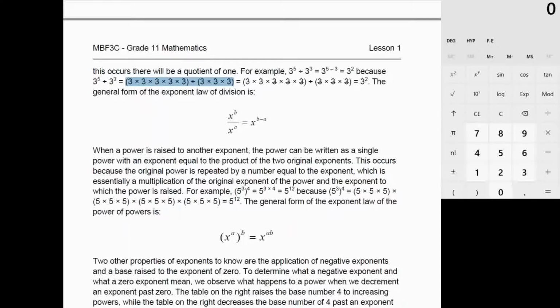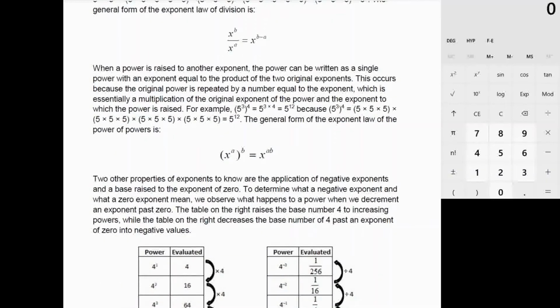For every 3 in the denominator, I can get rid of a 3 in the numerator. So these three 3s can divide these three 3s, and the division of those is 1. So this becomes 3 times 3 times 1, or just 3 times 3, or 3 to the power of 2. So this is our exponent law for the quotient of powers, or the exponent law of division.